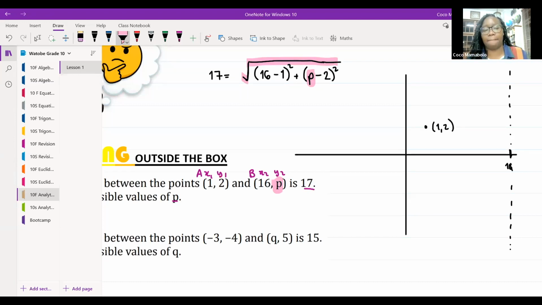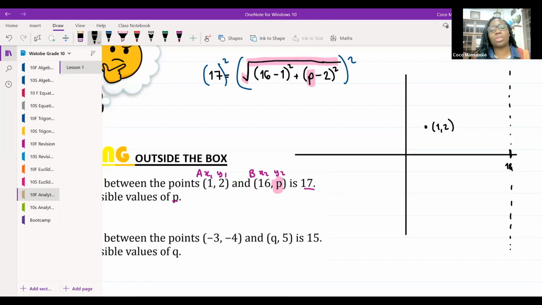Anybody got any idea? Good, yes, Kuche, that's it. We would square. We would take the square of this side, and we'd also have to take the square of this side. Okay, not the square root, the square, right?